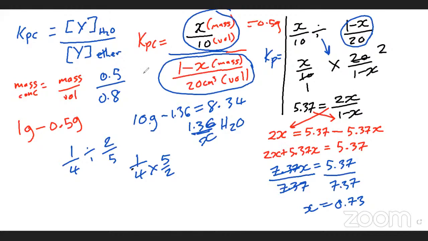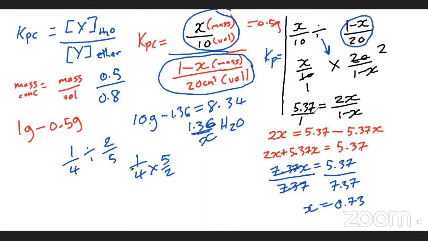Kp is on the left-hand side. So the 5.37 now, I am introducing Kp. Let me just put it over 1 if you want it better. So 5.37 over 1 is the same thing as 5.37, right?